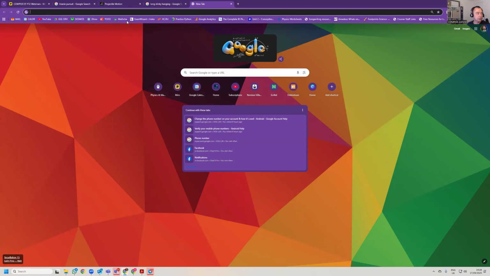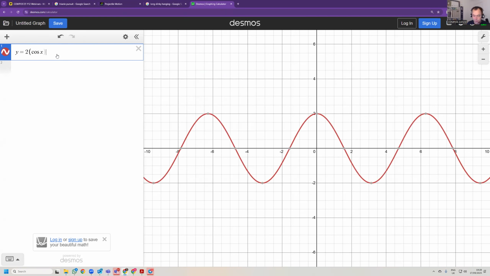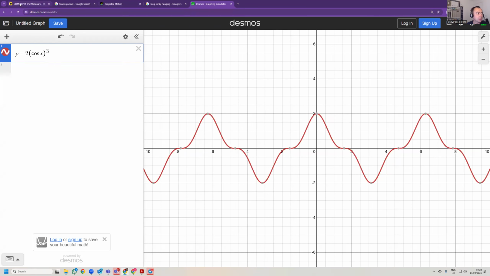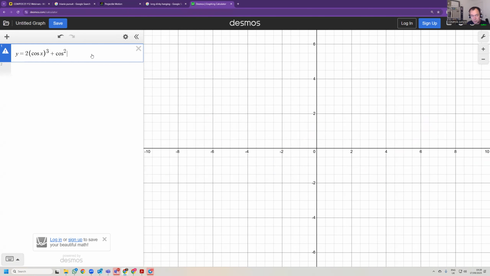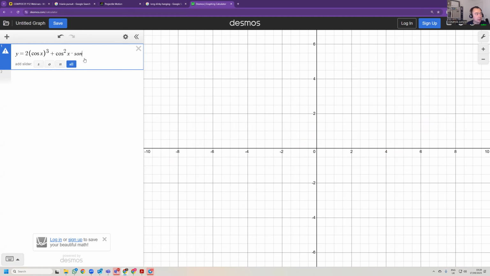2 cos cubed α. So where is my Desmos? y equals 2 cos cubed x plus cos squared x multiplied by sin x minus sin x.